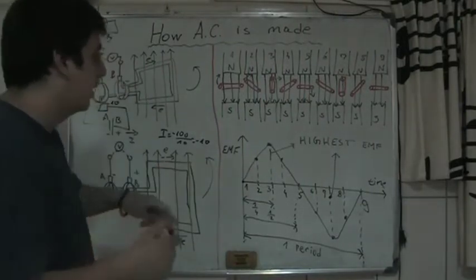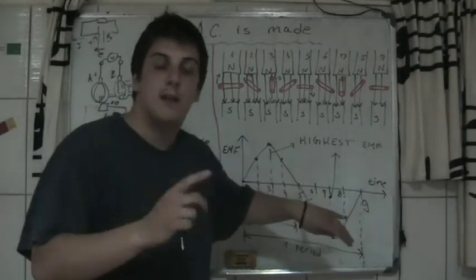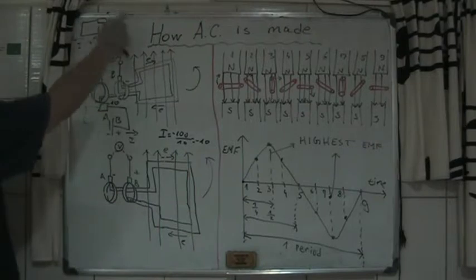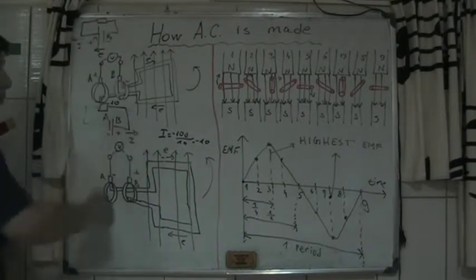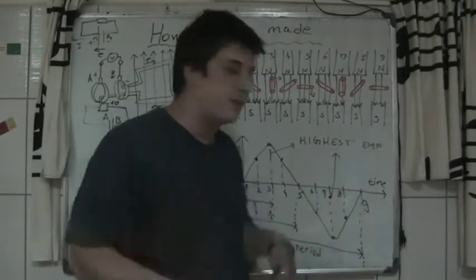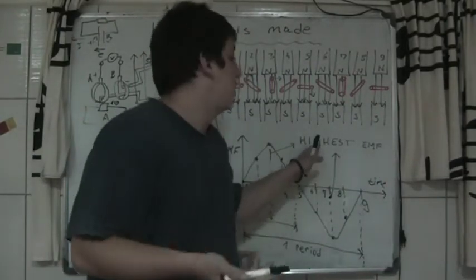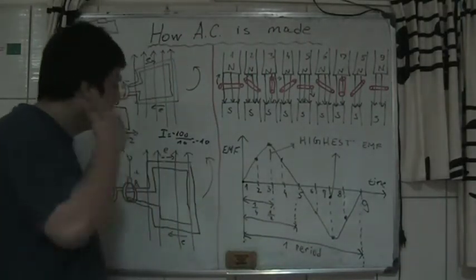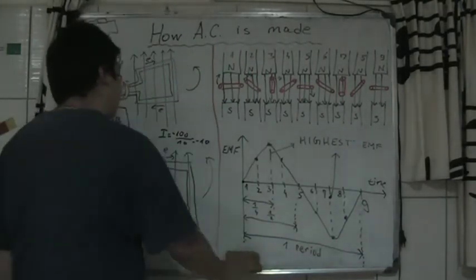It just means that the current went in the opposite direction. See, here was the plus, and here you have the minus. Okay, you get the point. Current changes its value because it changes the value of its EMF.